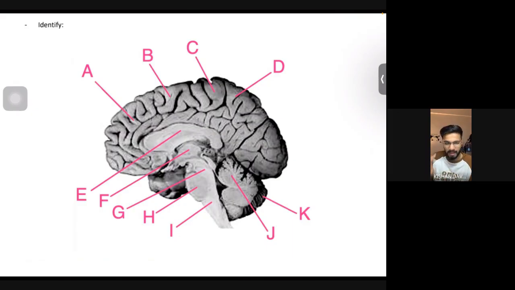But you will have to do this because questions will be asked. Sometimes they will ask you to identify the structures marked, and sometimes they will give you a case and you have to identify where the problem is occurring. Come on, let me give you one case, you tell me what can be the answer. Okay, I give you a case.